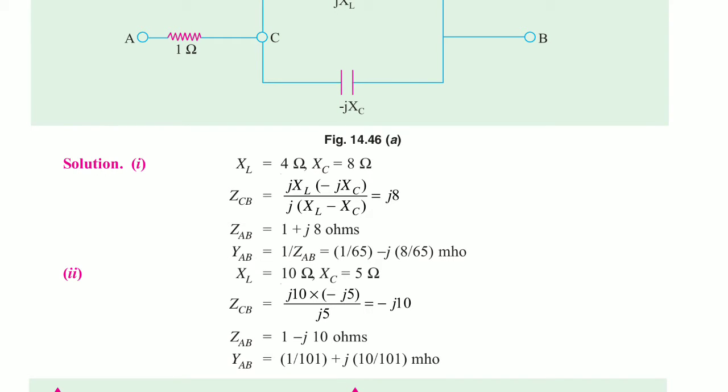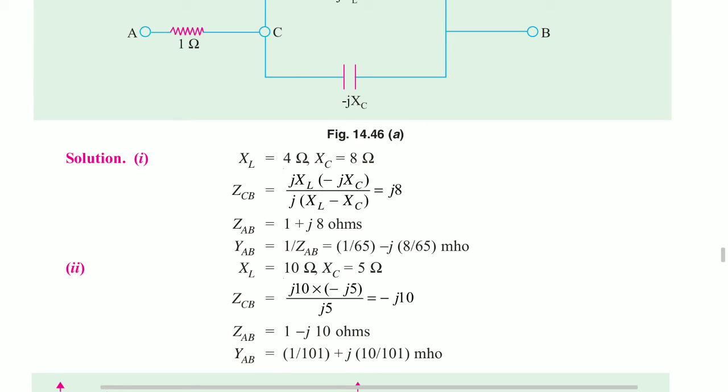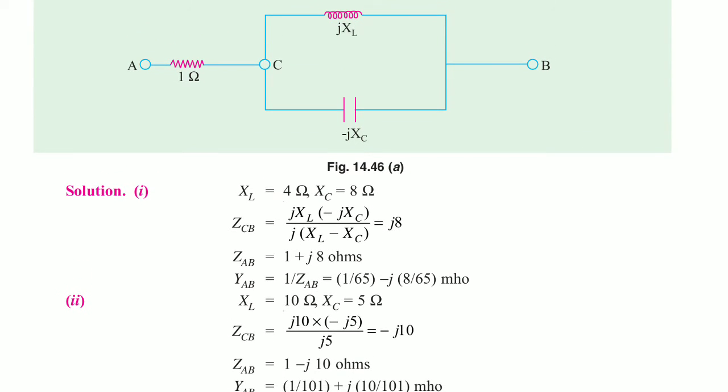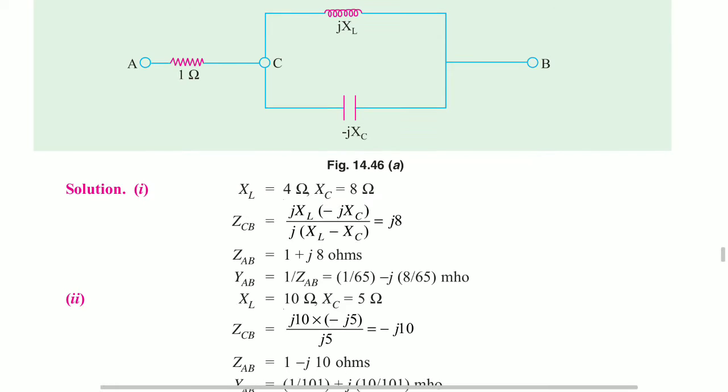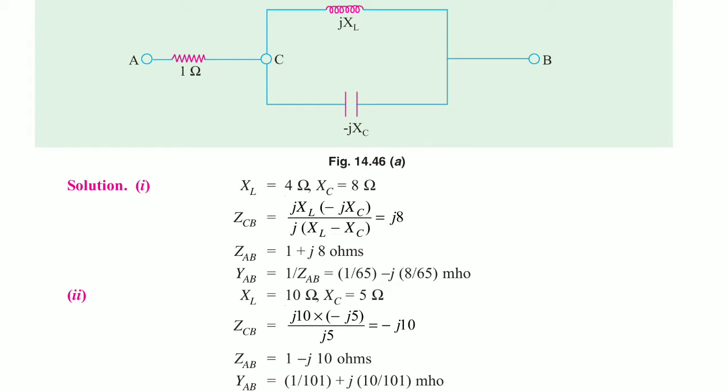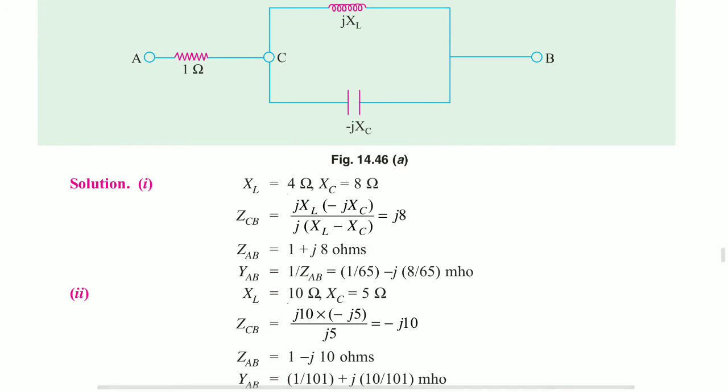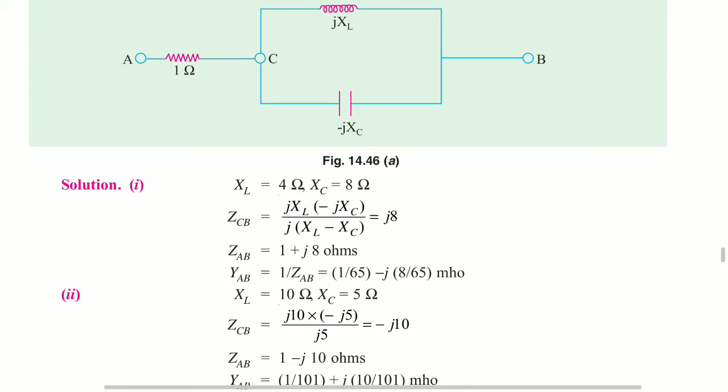Now go for the second case. In the second case, XL is 10 ohms and XC is 5 ohms. What about ZCB? j10 into minus j5 divided by j, XL minus XC, that means j10 minus j5, that is j5.